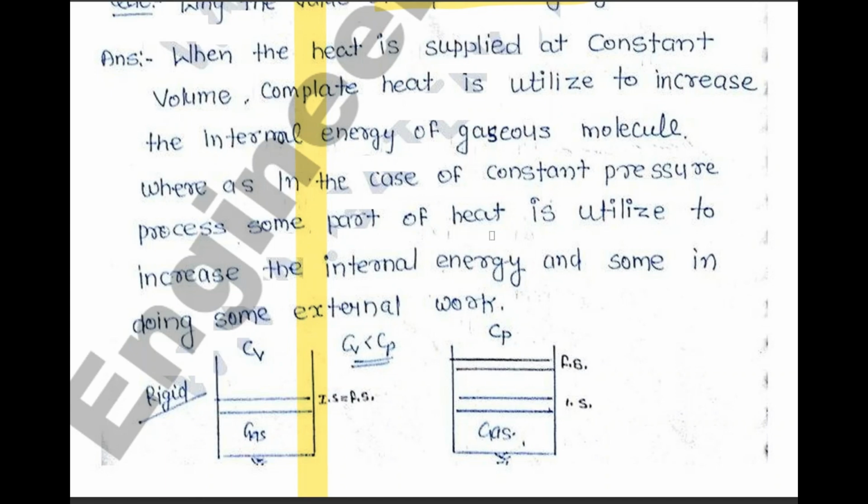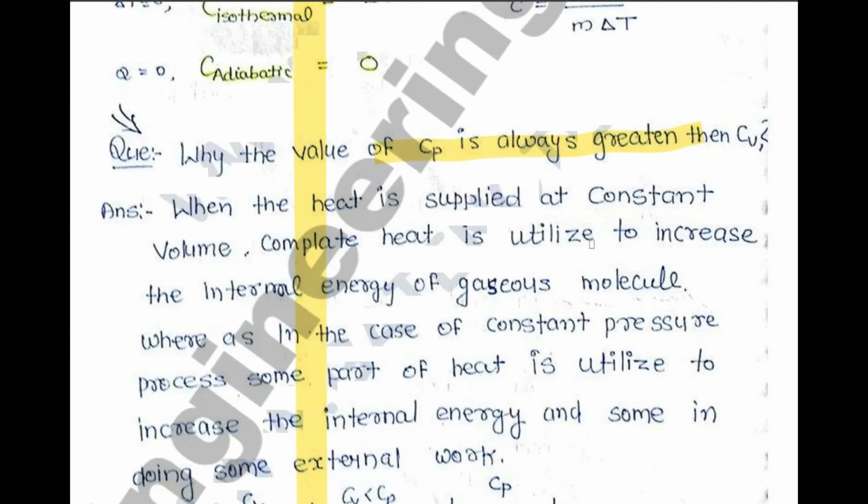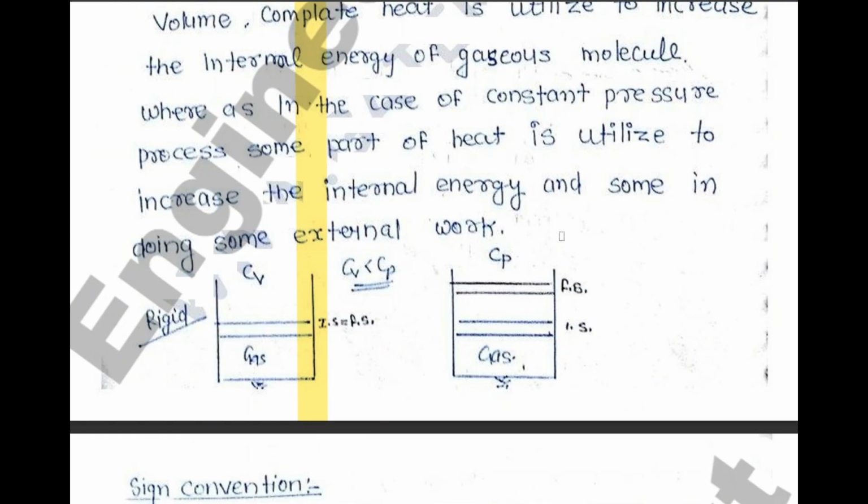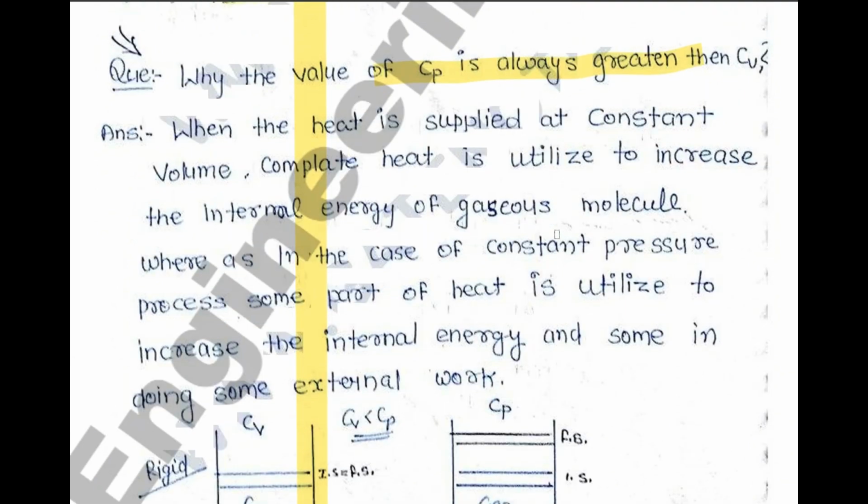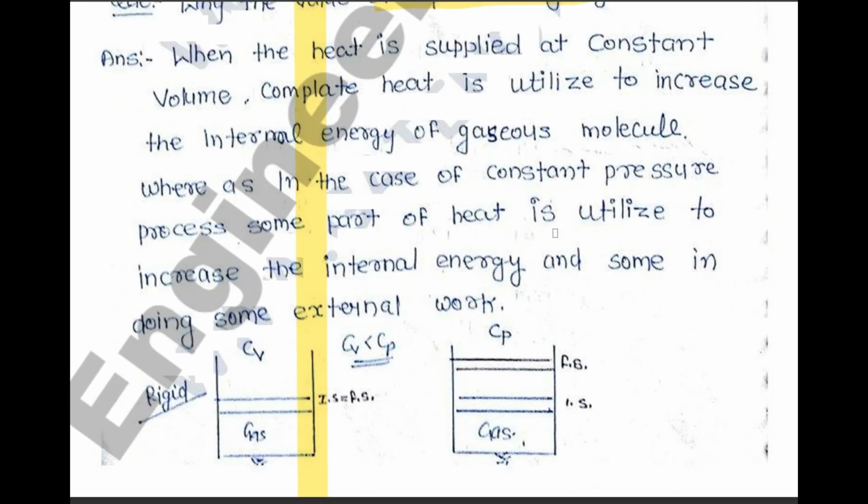But for the time being, just focus on the basic concept that at constant volume in a closed system, Q is equal to U plus PdV. Here PdV will be zero because in a constant volume process, U will be equal to Q, and U we know is m Cv delta T, right?